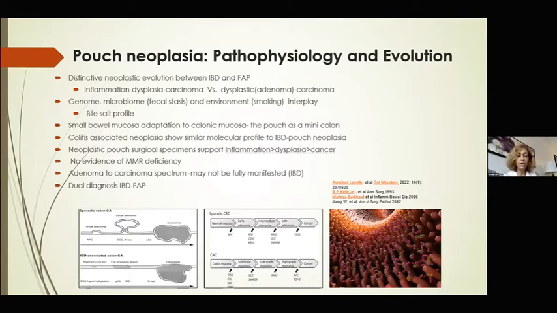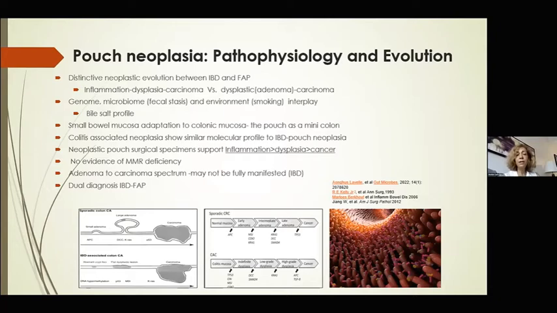I will not give any more details, as you've heard enough. But just to bear in mind, in each of these conditions, there is a complex interplay between genomic background, microbiome, pouch stasis, and some environmental exposure. So a very highly complex individual neoplastic arena for each patient.